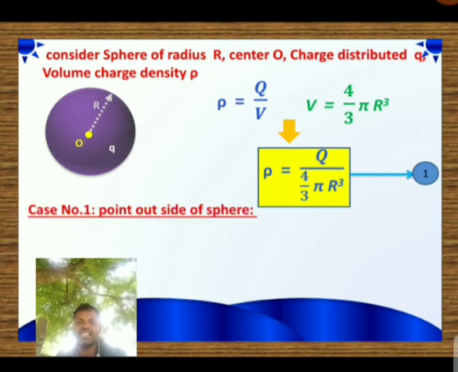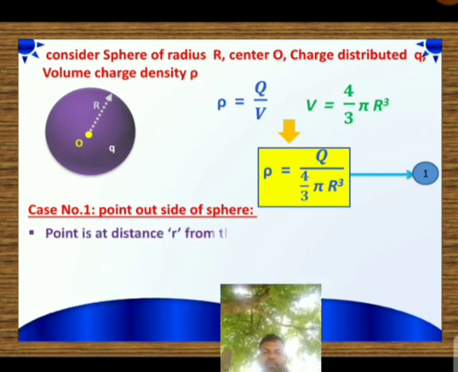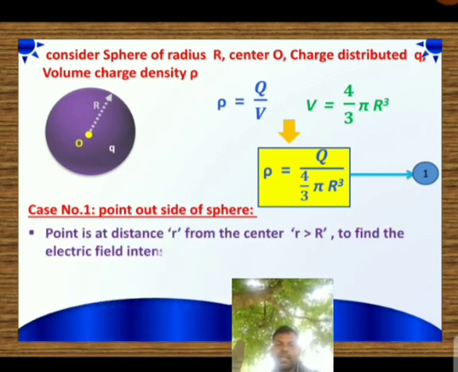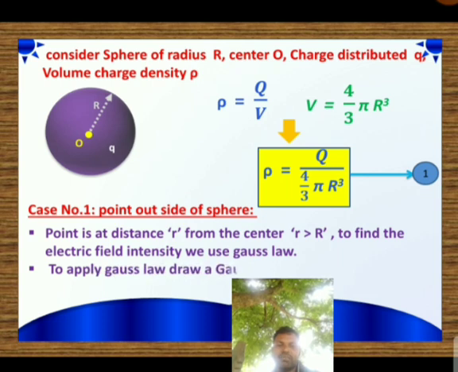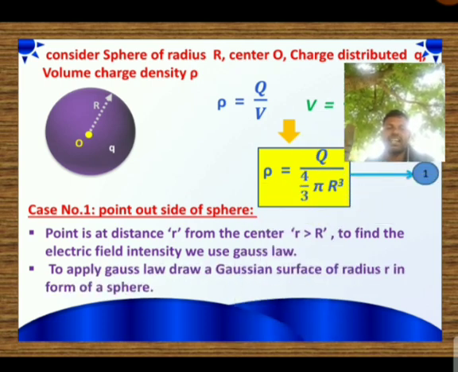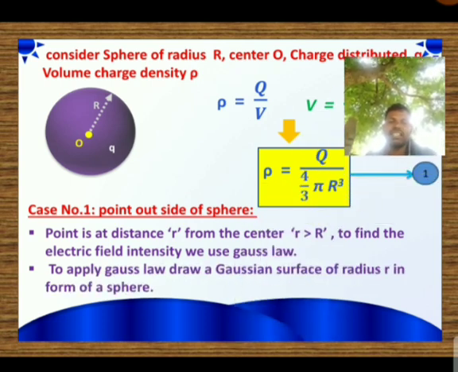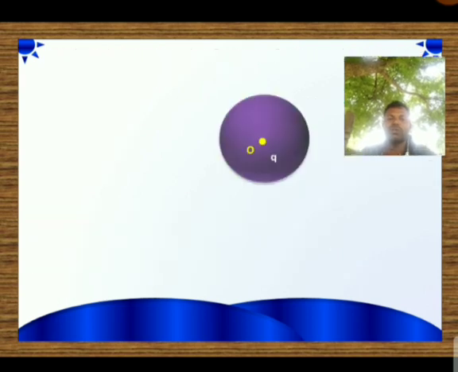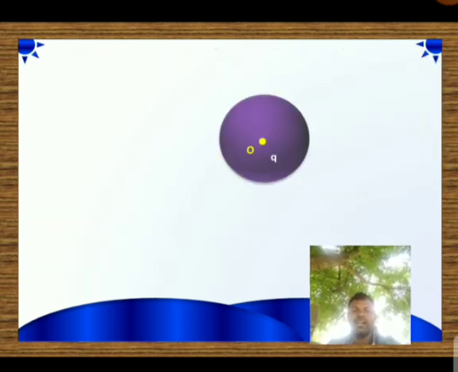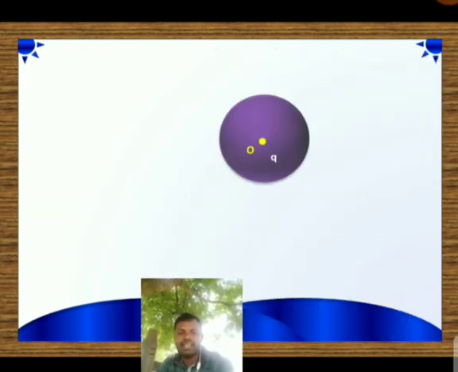Now case number 1. I have to find the electric field intensity at a point outside the sphere. Let us consider a point at a distance r from the center. Here r is greater than capital R because the point is outside, so the distance is greater than the radius. To find electric field intensity, I have to apply Gauss law and draw a Gaussian surface like this.